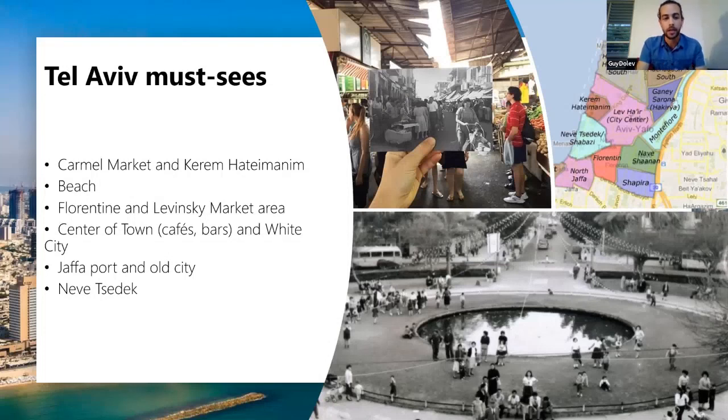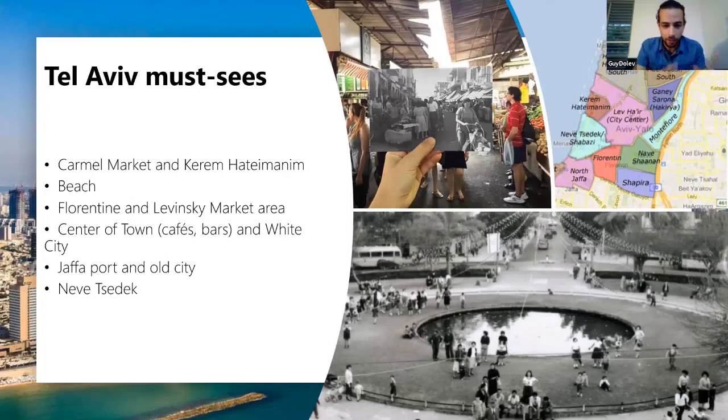All of these are really, really beautiful places. Very, very different. Every district has its own architecture, its own style, and also its own vibe. And I really encourage you to go around and see the bars and restaurants in Florentine and in Levinsky Market, and also explore the Carmel Market near Kerem HaTeimanim. Go around the city.